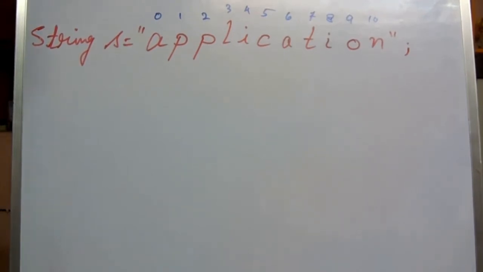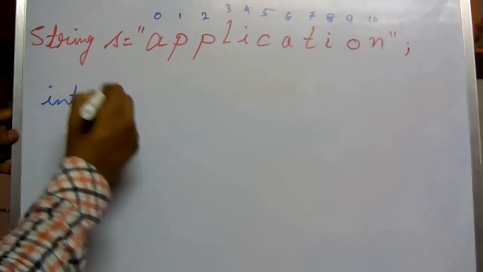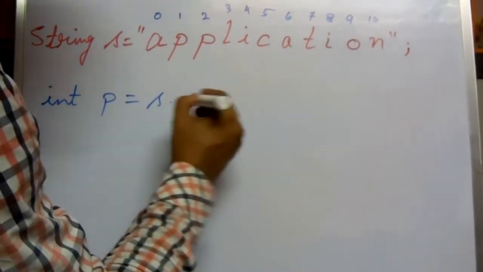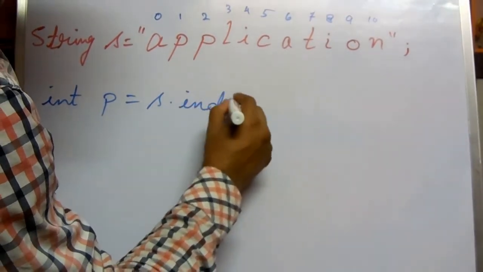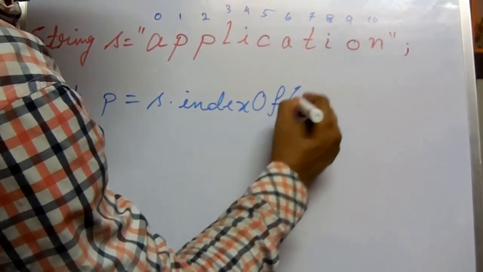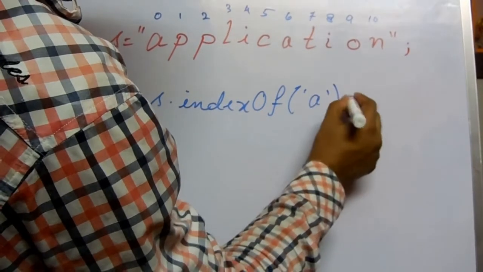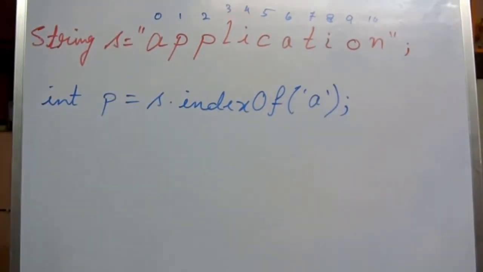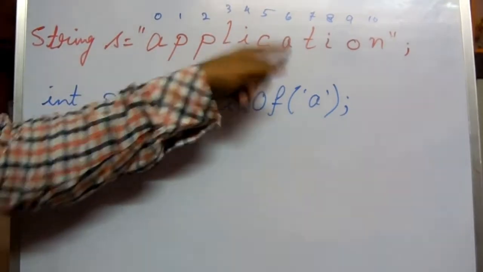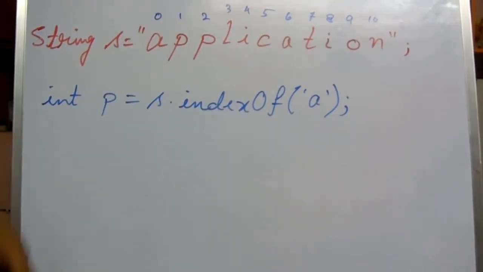Now I want to apply the indexOf operator. Suppose writing int p equals s dot indexOf 'a'. Now look here, there are two a's, here is one a and here is another a. The character whose index you want to find can be present more than one time in the string.